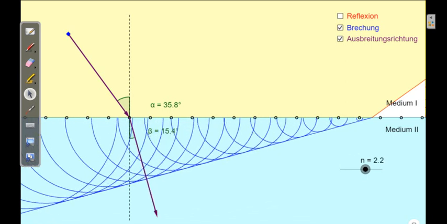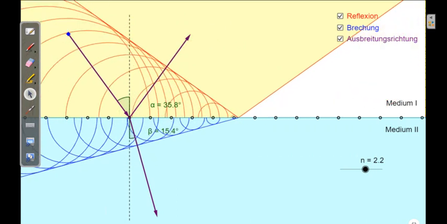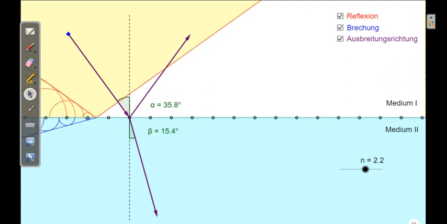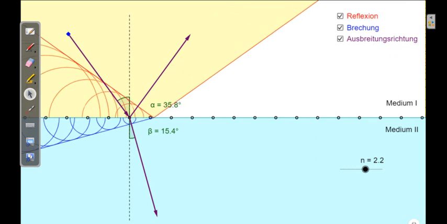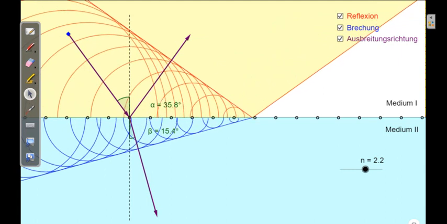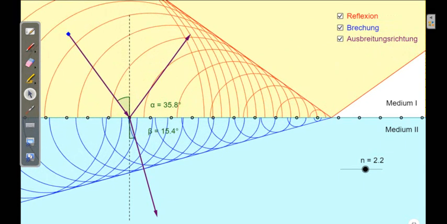Now let us see both of them together, reflection as well as refraction. You see, both reflection and refraction according to Huygens wave theory of light. You see, the radius of the ripples, or the hemispheres, is quite large in the rarer medium compared to the denser medium.